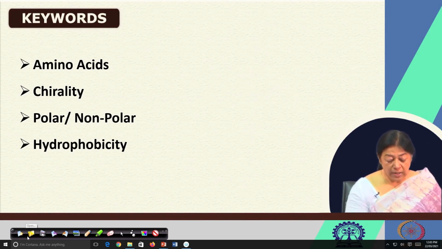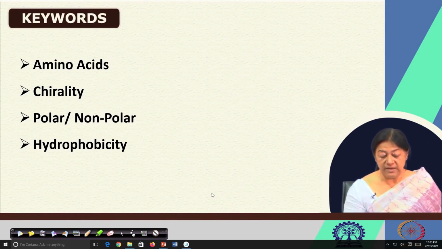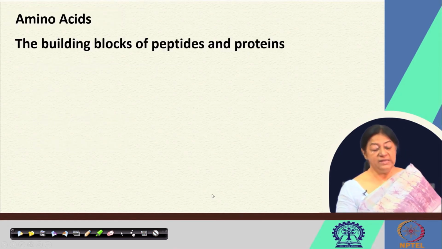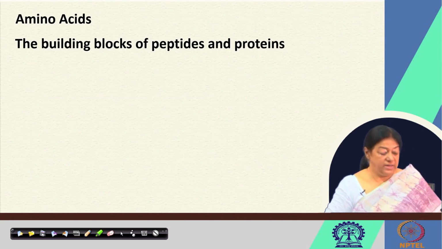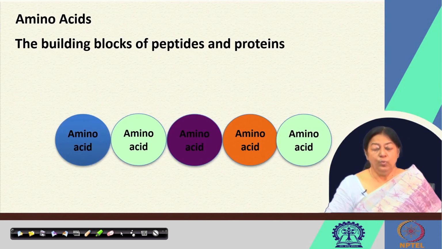Going back to the building blocks themselves, we try and see what they constitute, or how they are formed. We have the amino acids linked together. This we are going to study in a subsequent class. But when we have these amino acids linked together, we see they are of different colors representing their different properties. We will see what these properties are all about as well.